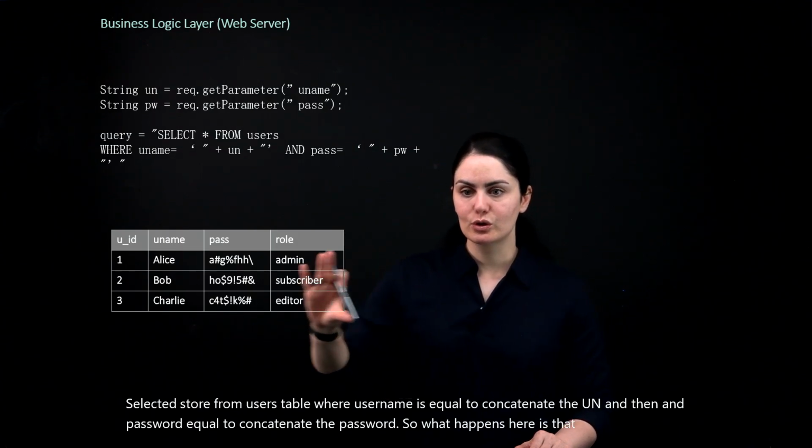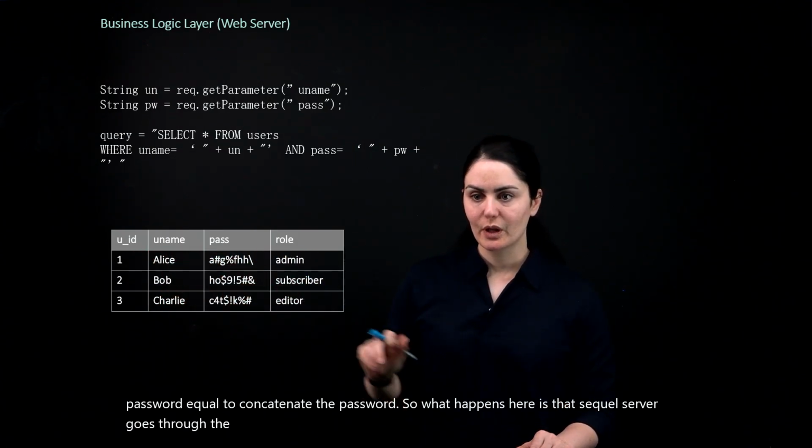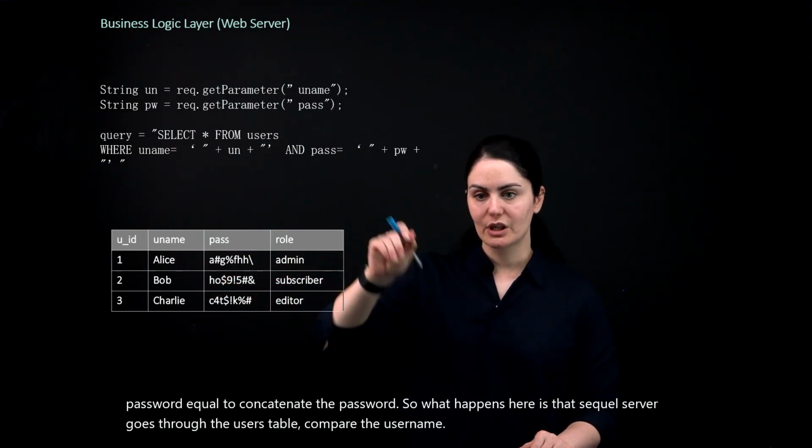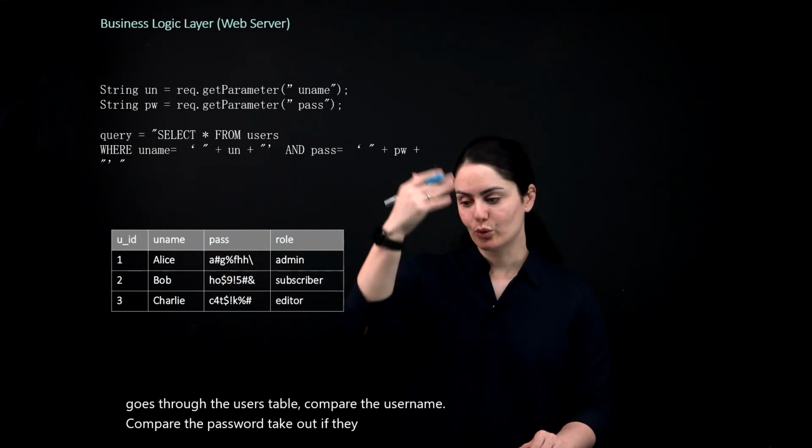SQL Server goes through the users table, compares the username and the password, takes out the row if they match, and then provides it to the upper layer.